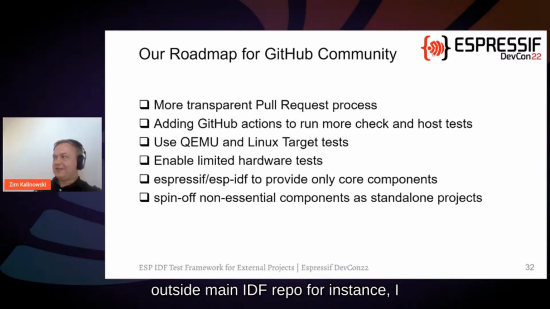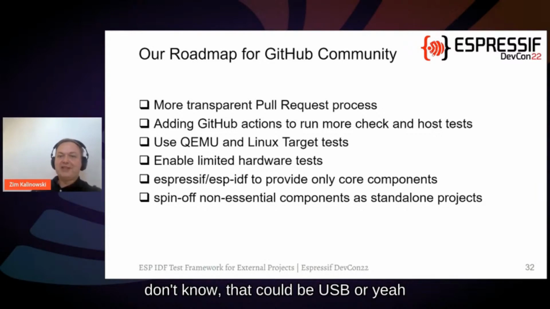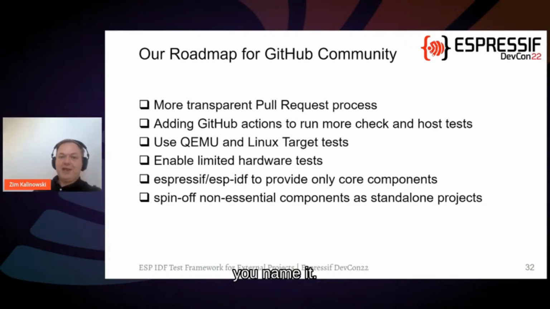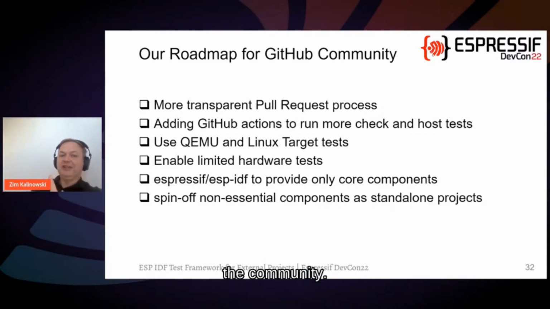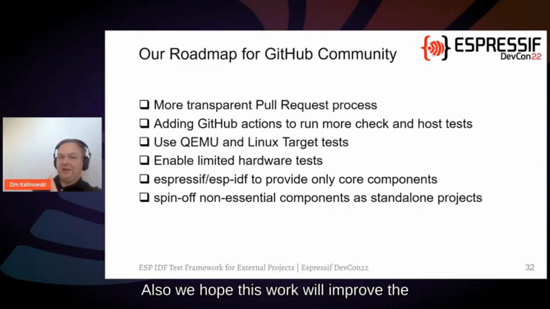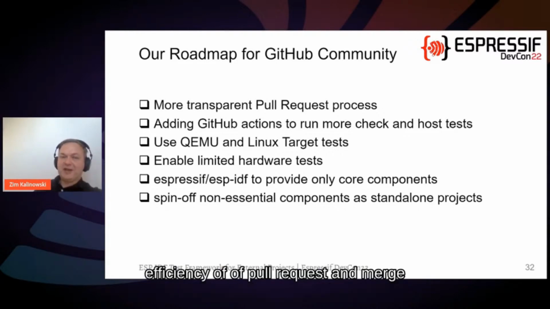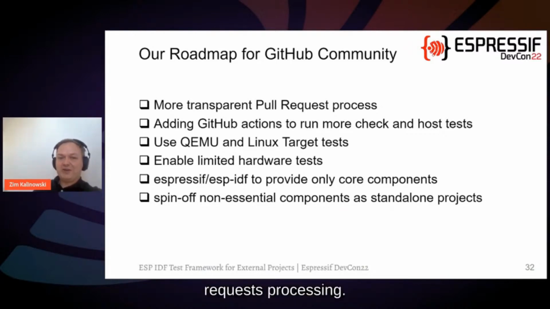I don't know, that could be USB or you name it. Yes, so I think this all will help to improve the community. Also, we hope this work will improve the efficiency of pull request and merge request processing.